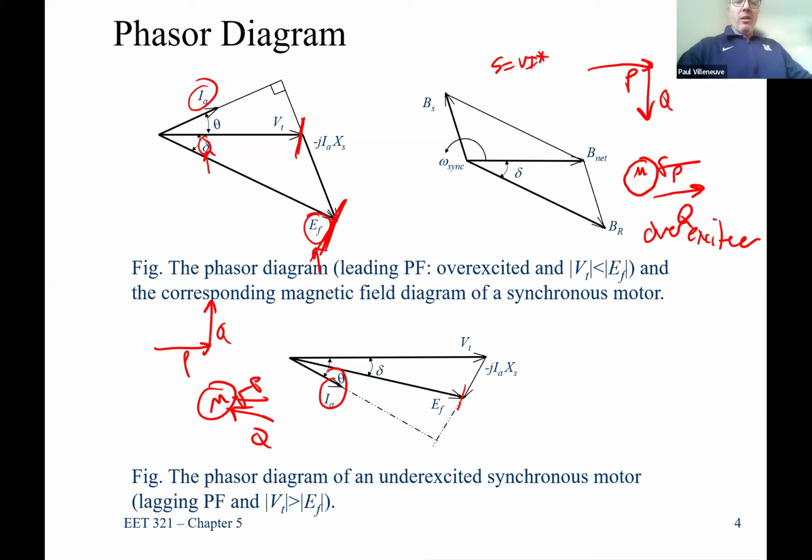And again, that's all dependent on the magnitudes. Look at the magnitude of VT. Okay, so in general, if delta is greater than 0, it's a generator. If delta is less than 0, it's a motor. All I'm looking at is delta. If the magnitude of VT is greater than the magnitude of EA, it absorbs or is underexcited.